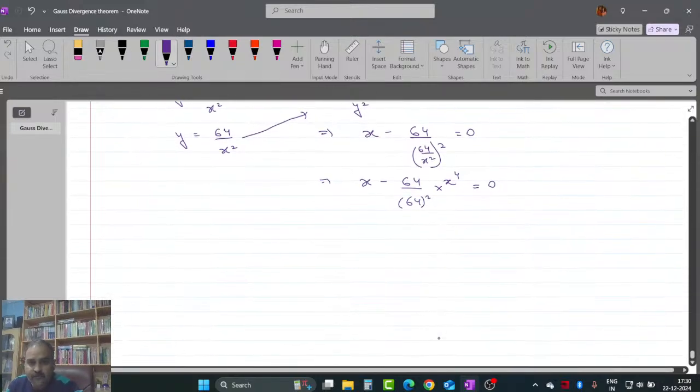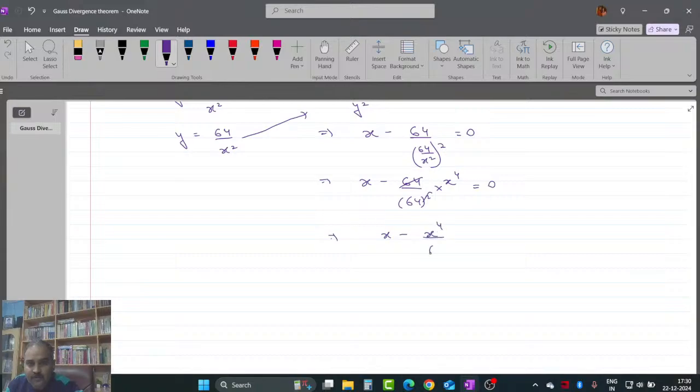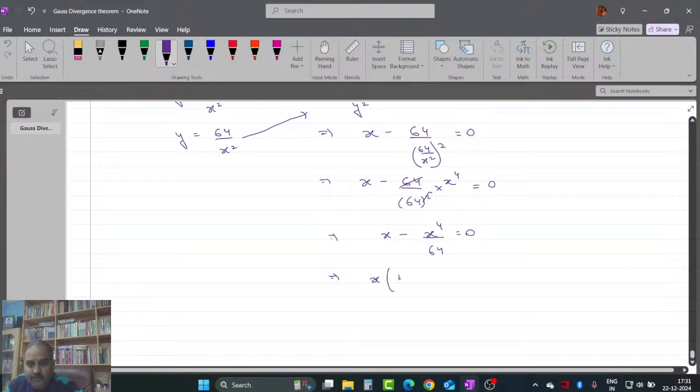So one of the 64 cancels out, so we get x minus x to power 4 over 64 equal to 0. I am taking x common: x times (1 minus x cube over 64) is equal to 0. So that means either x is equal to 0 or 1 minus x cube over 64 equal to 0.